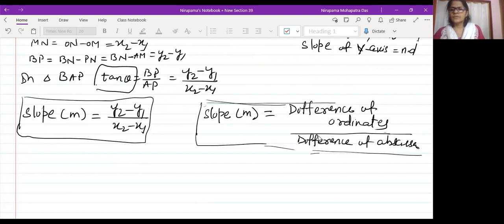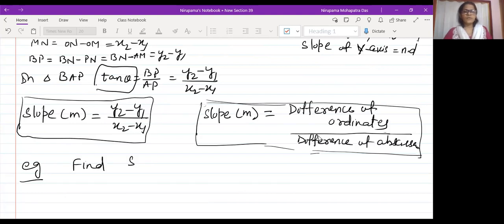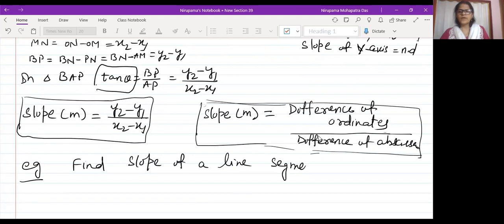Okay, so let me take one example. Suppose we need to find the slope of a line segment joining A (-2, 3) and B (5, 7).